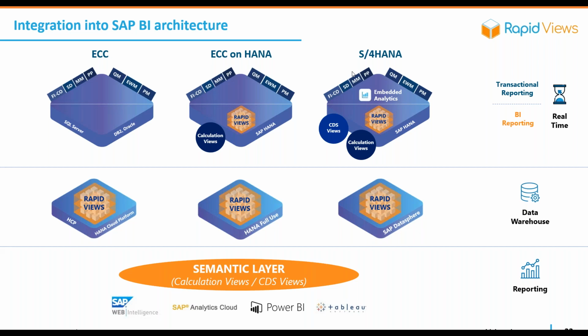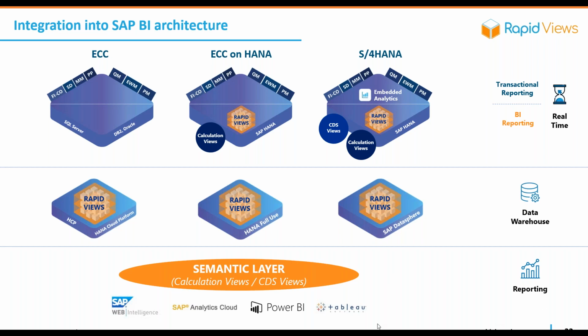After, if you want to build an advanced data warehouse, you will need to extract information. In this concept of data warehouse with SAP, it used to be called HANA Cloud Platform or HANA Full Use if you bought the HANA platform. Now, of course, SAP is pushing SAP Datasphere, which is a new cloud-based data warehouse platform for SAP.